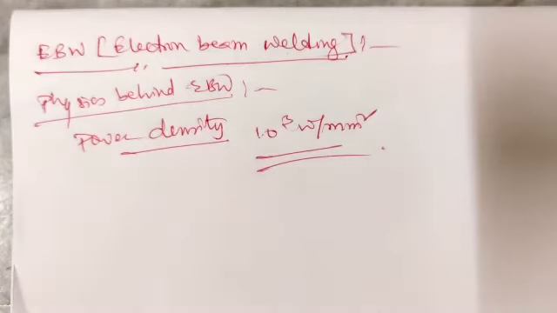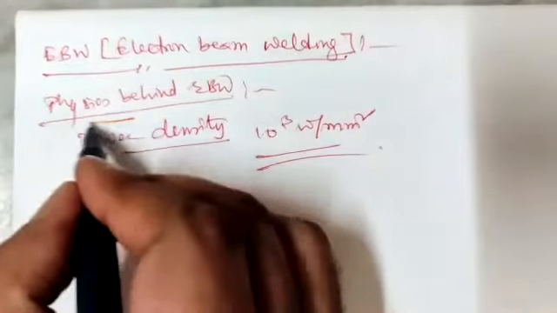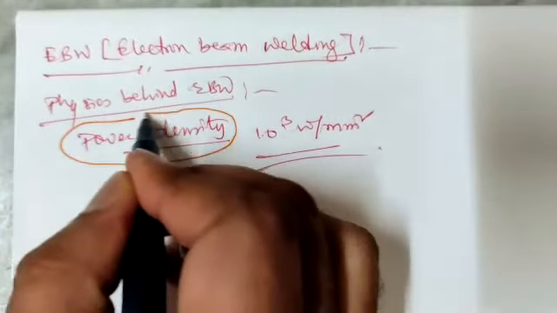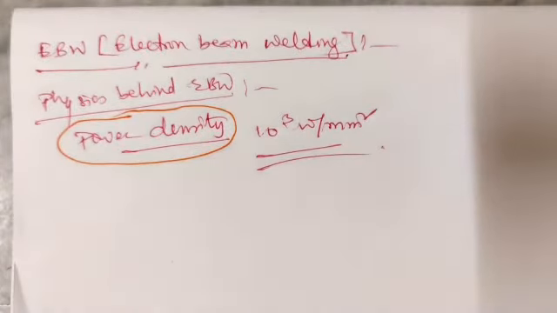At high power density, the material affected by the beam can be totally evaporated in a very short span of time, and then it cannot be used for welding; it can be used for machining, remember it. So what is the factor differentiating EBM and EBW? The surface power density.